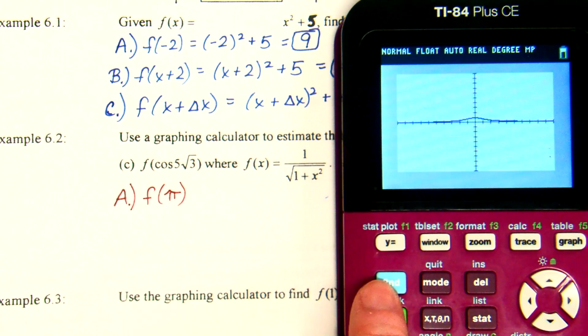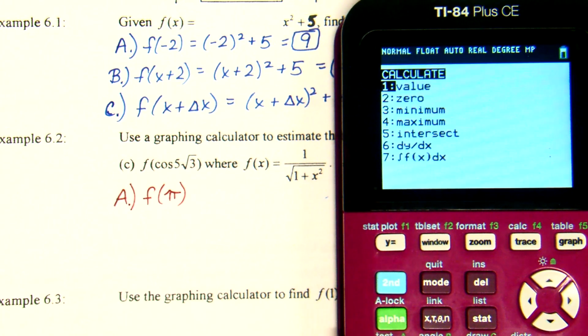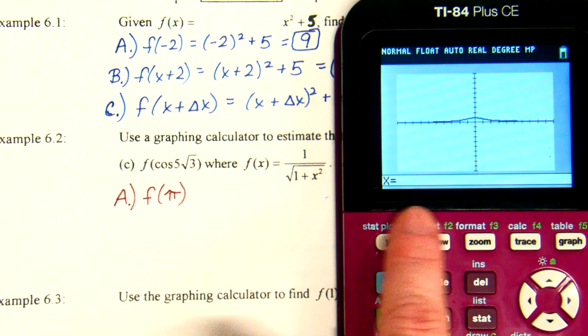Do you remember our trace menu? Second, trace, and you get that calc menu where you can do your zeros, min, maxes, intercepts. Number 1 is value.